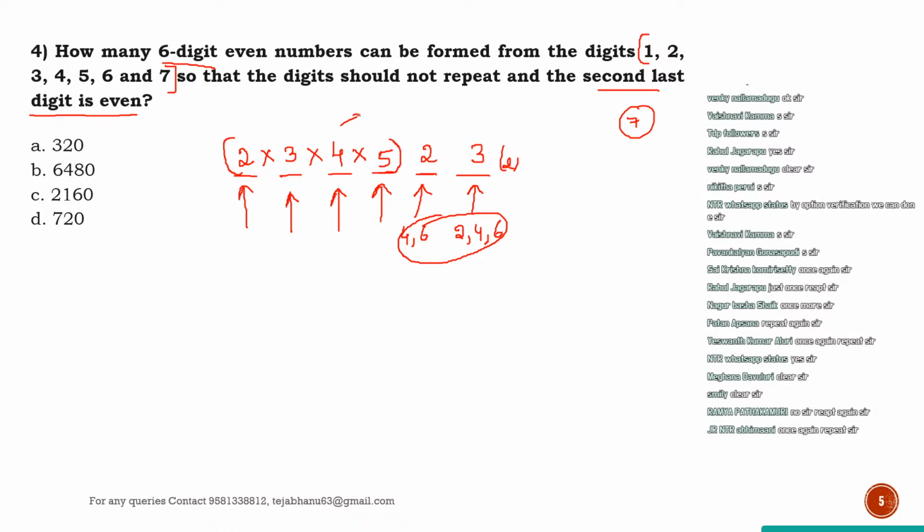The value for this is 120. For this 2 into 3, it is 6. So 120 into 6 is 720. We have to multiply the choices. So we can form 720 6-digit even numbers.